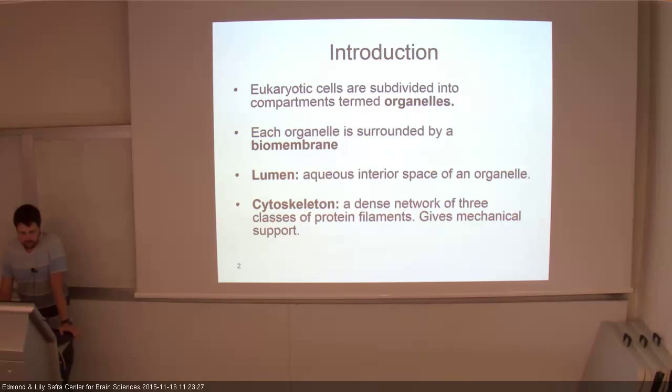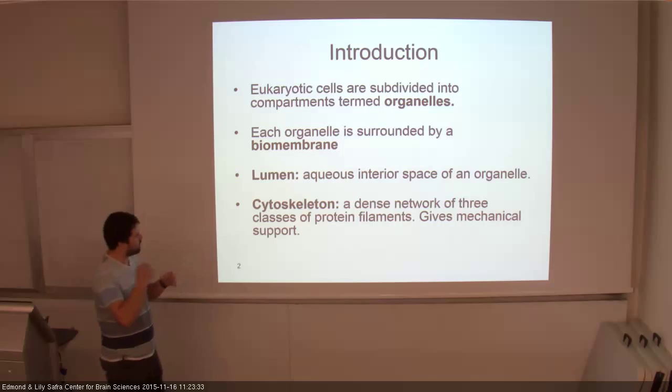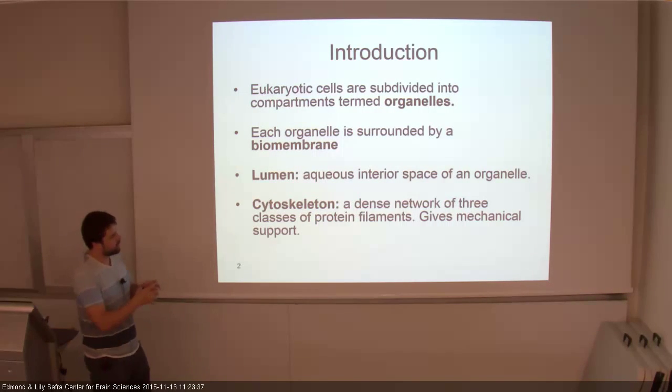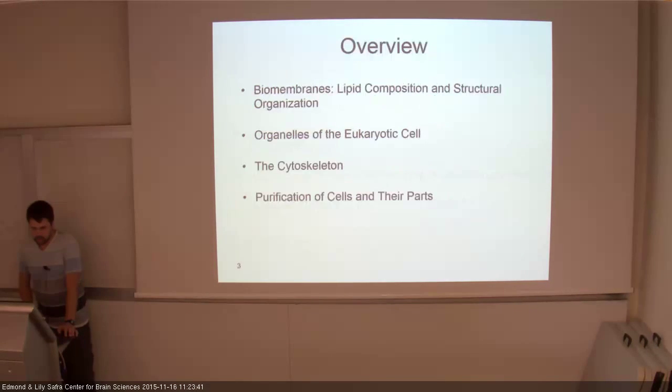And the cytoskeleton in general, which we'll discuss at the end of this chapter, is a dense network of three classes of protein filaments that give mechanical support for the cell.